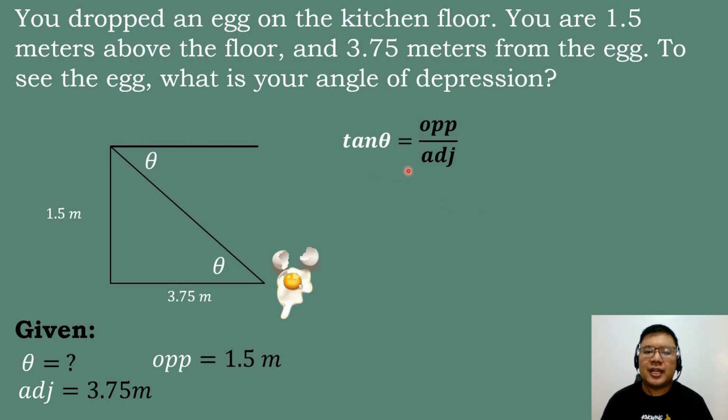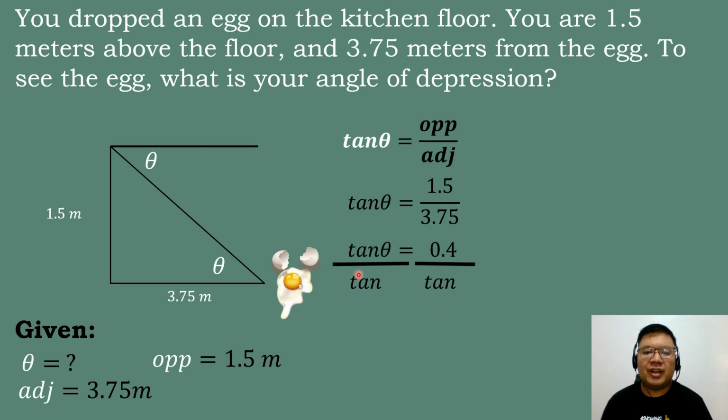So tangent theta is equal to opposite over adjacent. We will substitute the corresponding value. So we have tan theta is equal to the value of opposite is equal to 1.5 all over the value of adjacent is equal to 3.75. We will divide these two numbers. 1.5 divided by 3.75 is equal to 0.4.